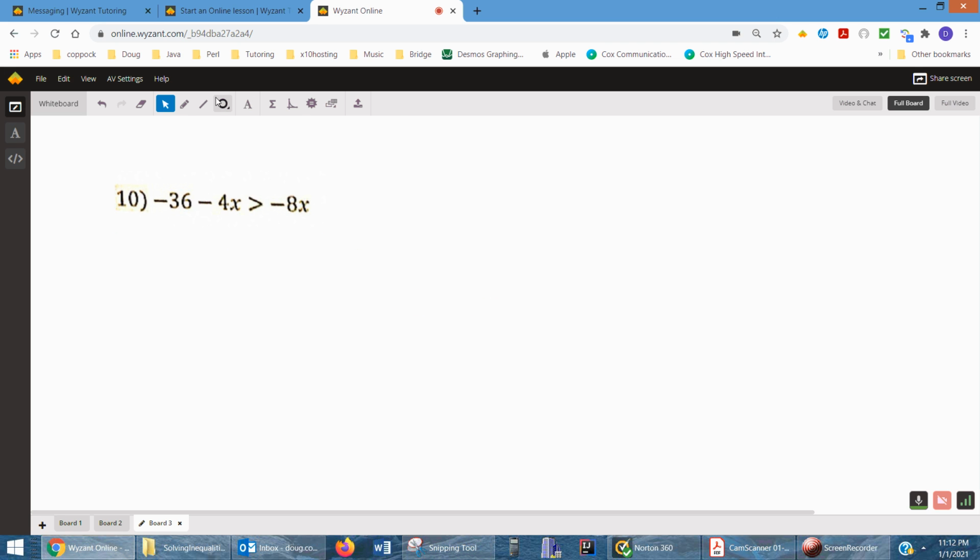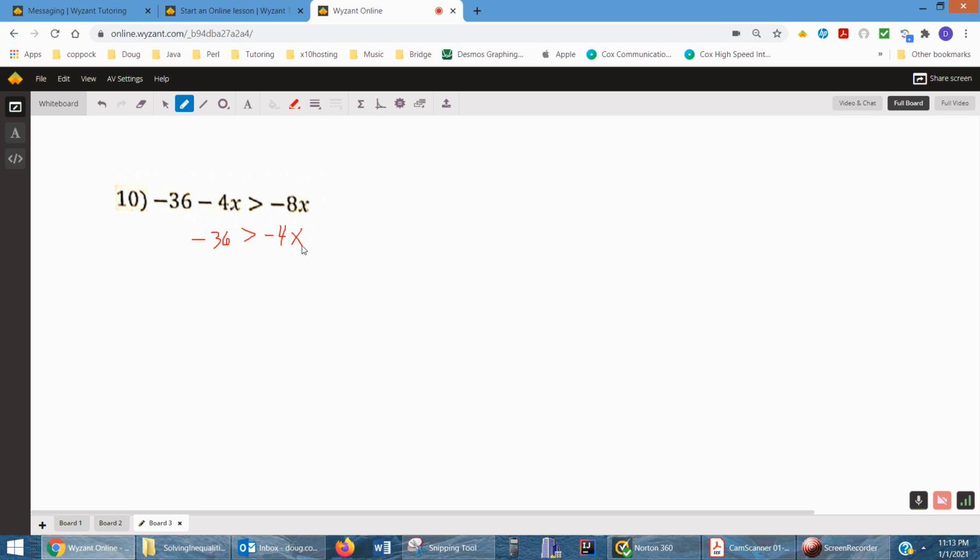Let's get the terms that contain the letter x on the same side of the inequality symbol. So let's transpose the minus 4x to the right side by adding 4x to both sides. We get negative 36 is greater than negative 8x plus 4x, which is negative 4x.